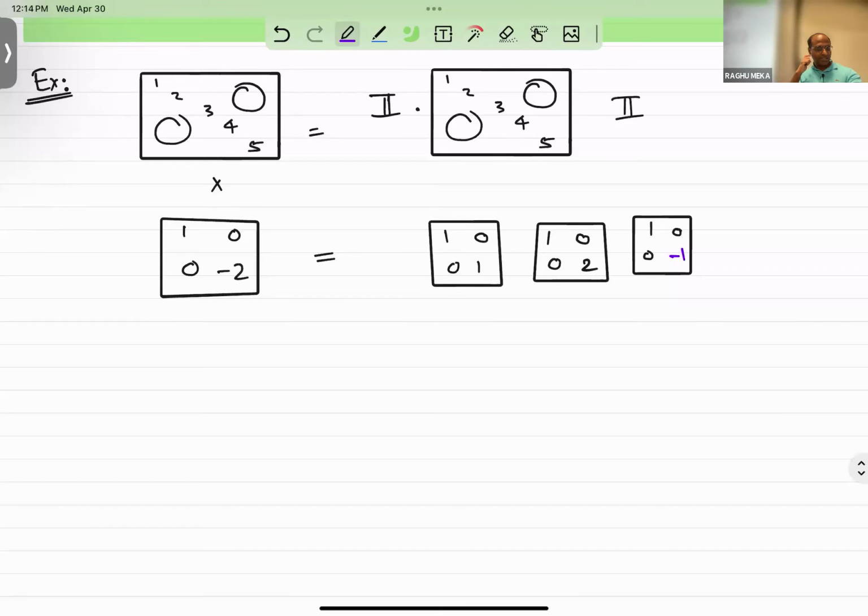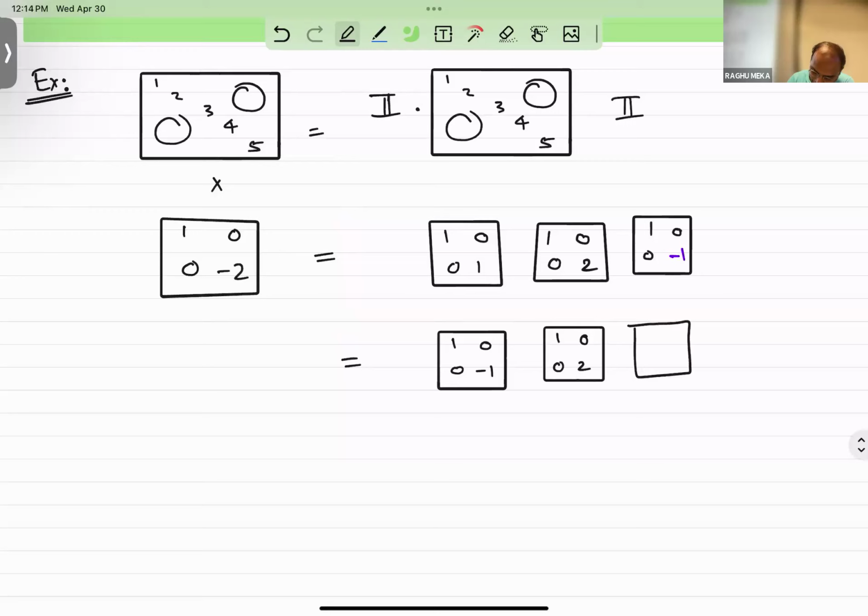And as stated, this decomposition, can it be unique? Is it unique? No, right? Even for this specific example, it's not unique. I can write this still as... okay.